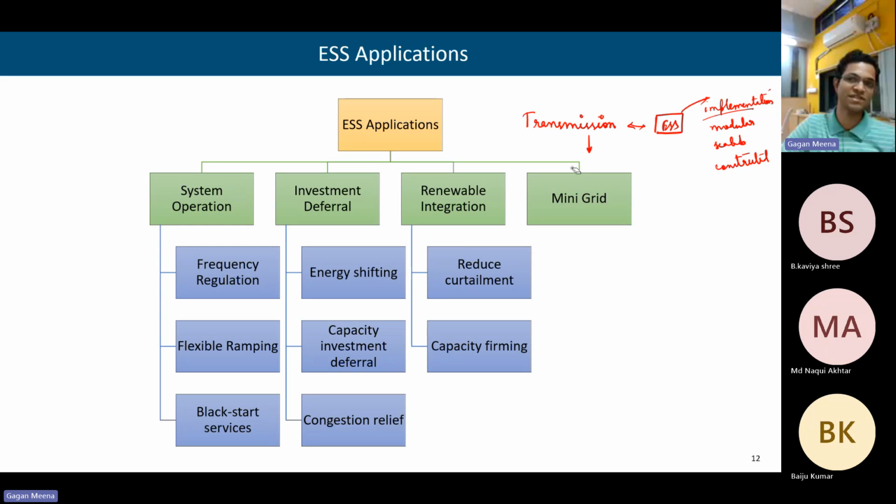So energy storage can help in relieving the transmission congestion or distribution congestion also. And if we are able to do that, then we can avoid constructing the new transmission line for a few years. Because it takes time, by that time energy storage can provide congestion relief, and within that duration the transmission line can be constructed.